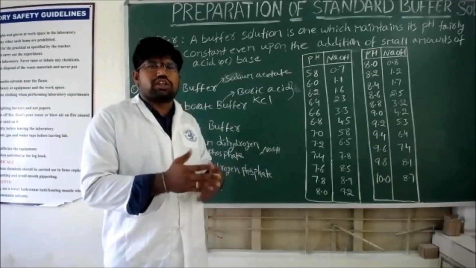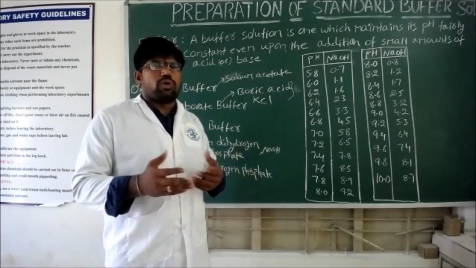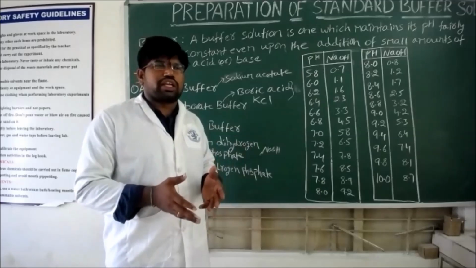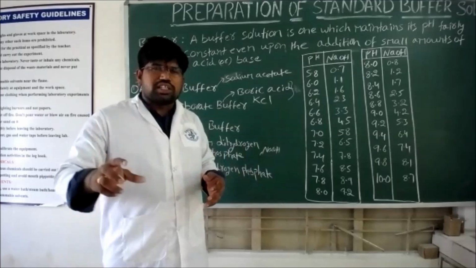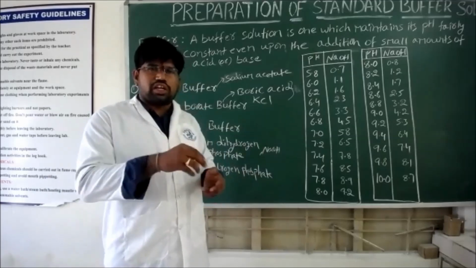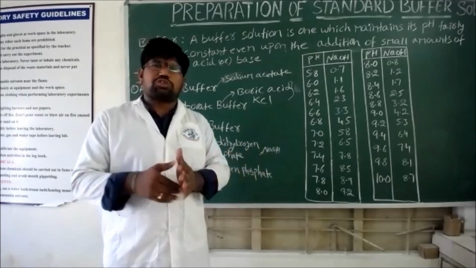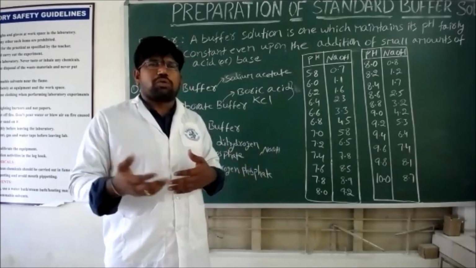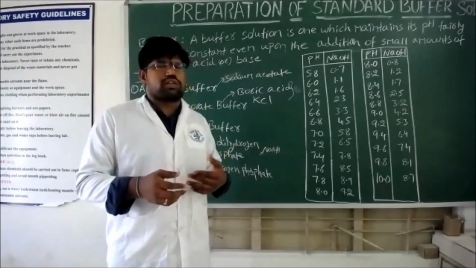It means it will try to neutralize the acidic pH toward neutral. How does it happen? Carbonic acid dissociates to H+ and HCO3-. This HCO3- attaches with the H+ ions and forms carbonic acid, H2CO3 again. In that way, the system will respond.